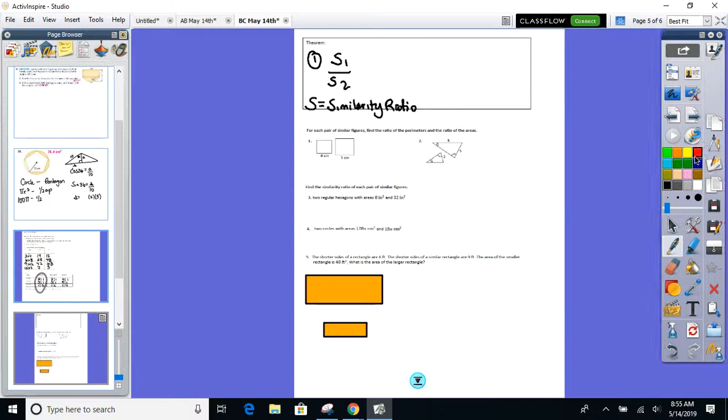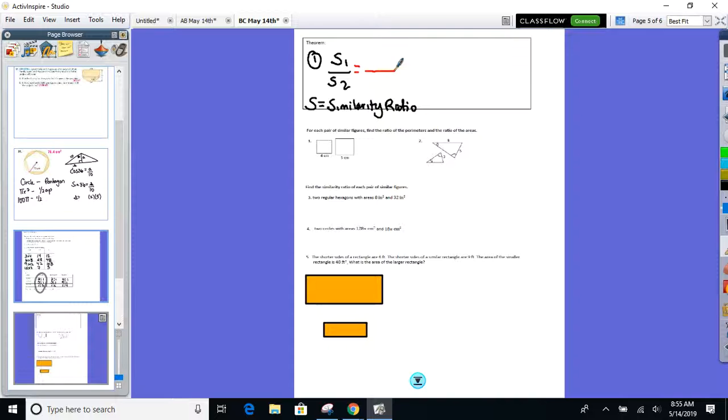If you know that ratio, it's the same ratio the perimeters are in. P1, I'm going to put P for perimeter, over P2. 1 and 2 are the figures. So P equals perimeter ratio.